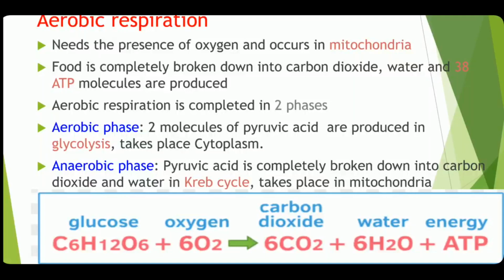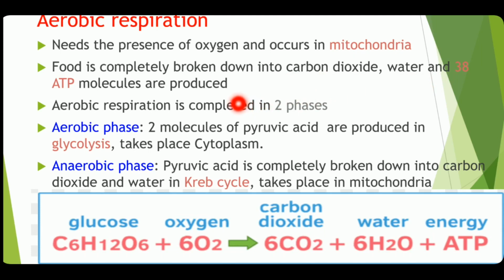So the presence of oxygen is needed, and it occurs in mitochondria. The food is completely broken down into carbon dioxide and water. Carbon dioxide and water are the end products of aerobic respiration, because they are not changed into other products.